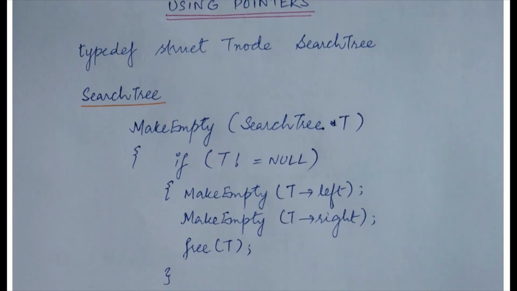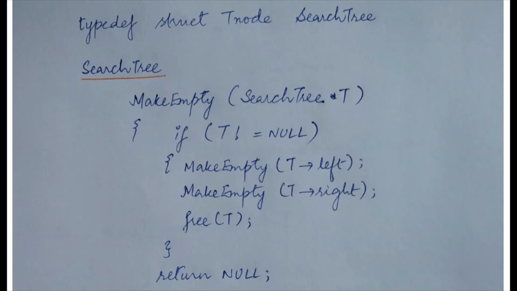Now our first function is make empty. So what does make empty do? We'll see later why we are writing a function to make a tree empty. If I send a node to this function, it sets its left and the right subtree as null, and it frees this node.